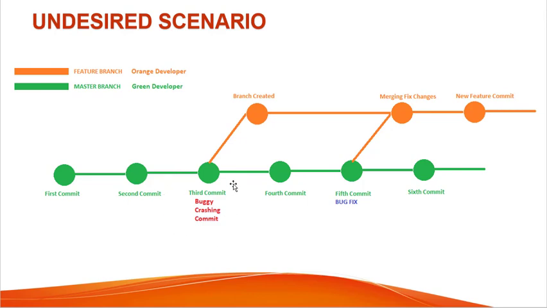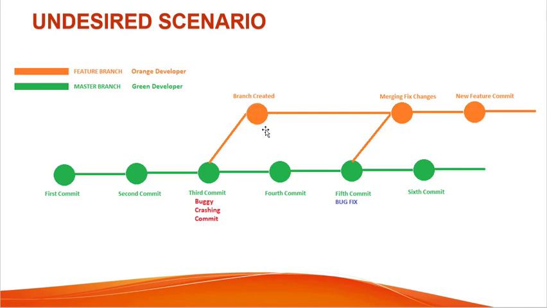But the green developer does not recognize this buggy code snippet, and then he's maintaining the development procedure and he's making the fourth commit. But the orange developer needs to add a new feature and he opens a new branch at the third commit.